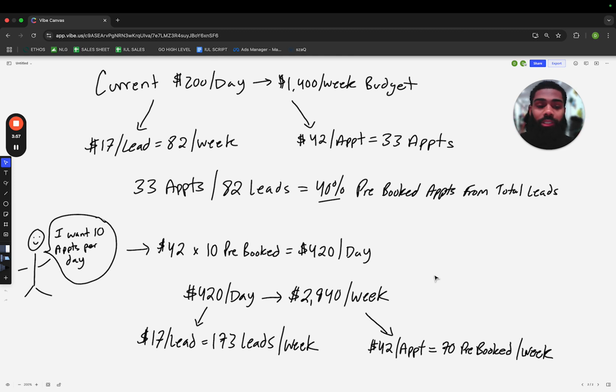Now those 82 leads per week are basically just people who submitted their information. But of those 82 leads per week, 33 of them pre-booked appointments, which is $42 per appointment based off of the math that we did earlier. Now, just so we can do a little bit of further math so you can better understand, if you want to see your conversion rate on how many actual leads turn into appointments, all you would do is divide the 33 appointments, the total amount of appointments that you got, by the total number of leads that you received, and that's 33 divided by 82.